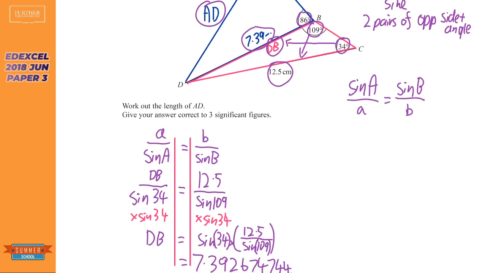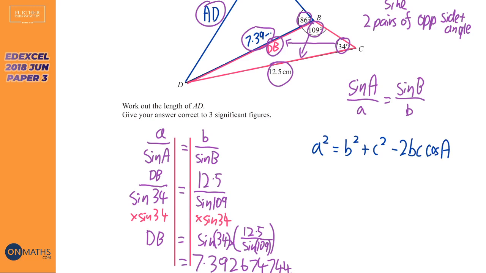So we write out the cosine rule, which is a squared, and in fact let's do that in blue. A squared equals b squared plus c squared minus 2bc cos A. Almost wrote sine for some reason.